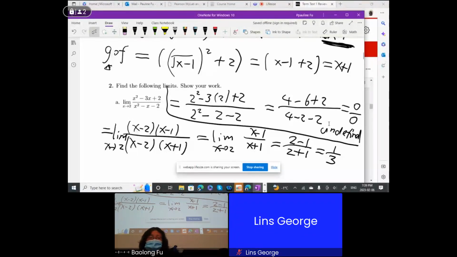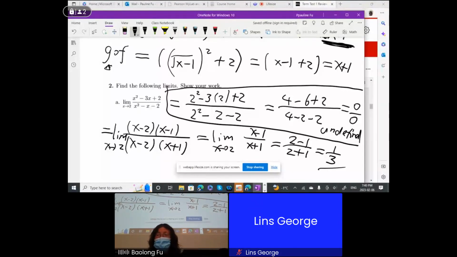Yes. Since the first attempt shows that it's undefined, do you not even do that at all, or do you have to have that included? Thank you. When you plug in 2 directly, you reach undefined. Can you stop here? No. This is just you exploring. You say, oh, undefined, so that means you cannot directly plug in. You need to do some algebra, some manipulations, apply some techniques.